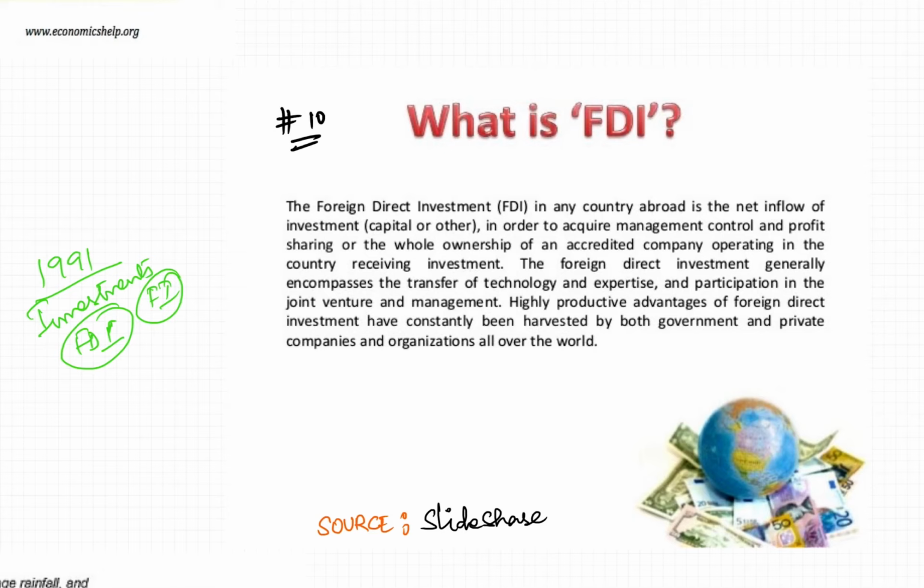Now here we are talking about foreign direct investment. What is it? It simply says it is the net inflow of investments, capital or other, in order to acquire management control and profit sharing, or the whole ownership of an accredited company operating in the country.